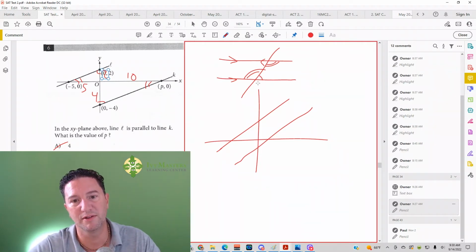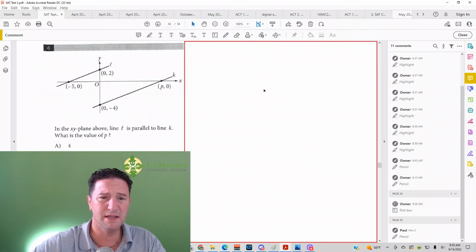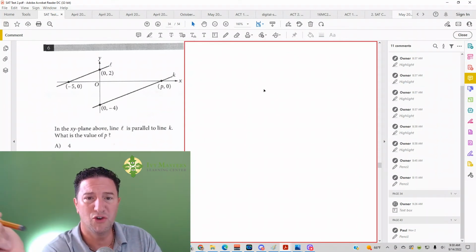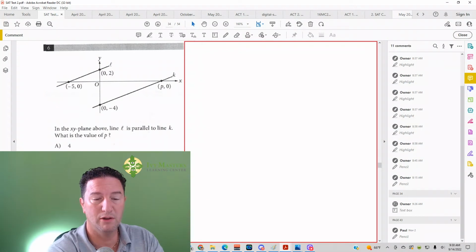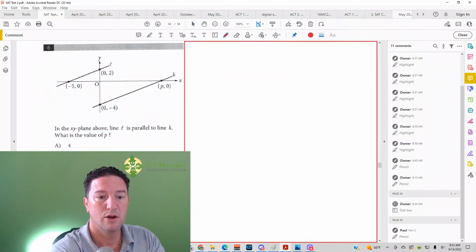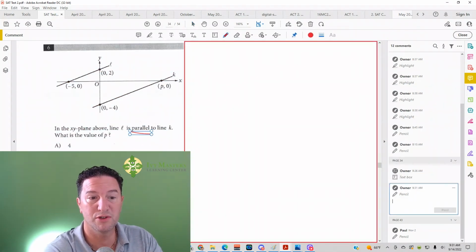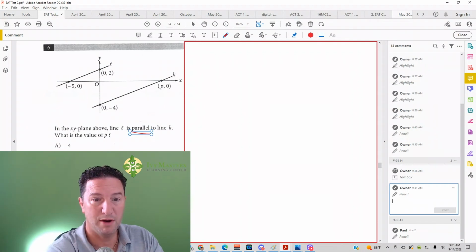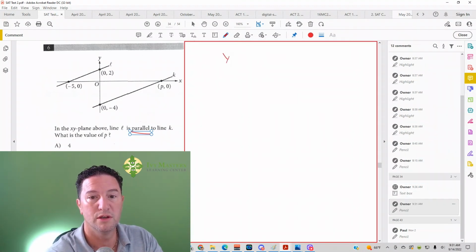Lastly, how else can you do this? Well, anytime you're given 2 coordinates, and these lines are parallel, we know the relationship of their slopes. Their slopes are equal. To find the slope given 2 coordinates, all you do is y2 minus y1 over x2 minus x1. I like to try to keep it positive.